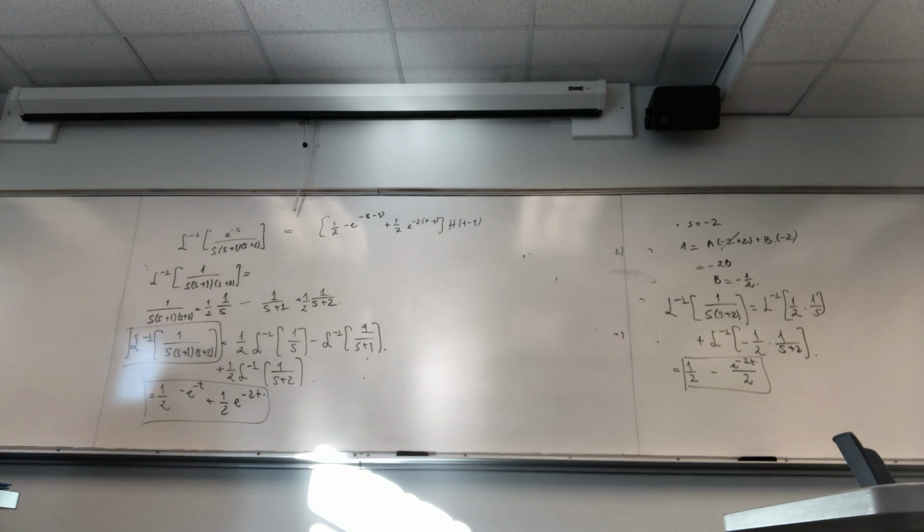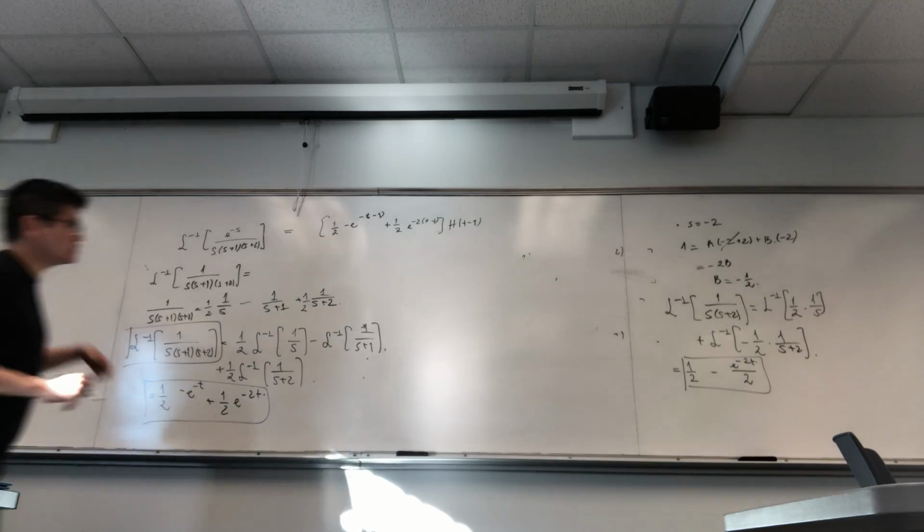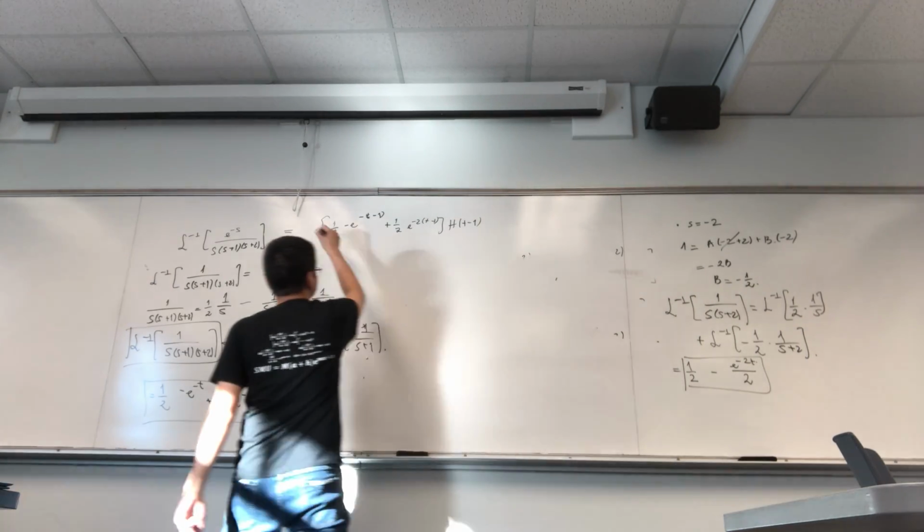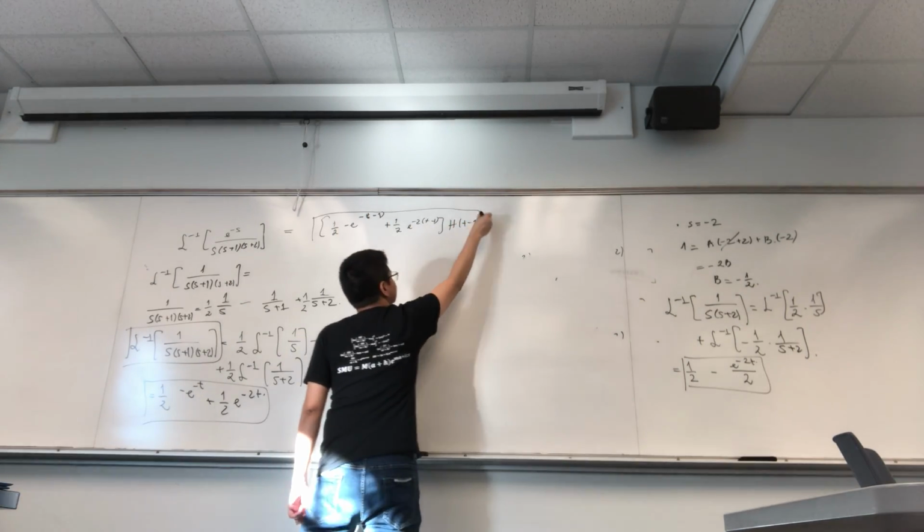And then you take the sum of the two parts and you get the solution. Questions? Is it clear? So now the solution will be the sum of this term and the other term.